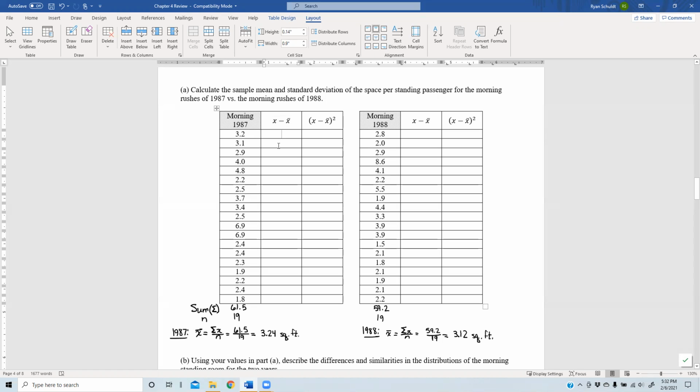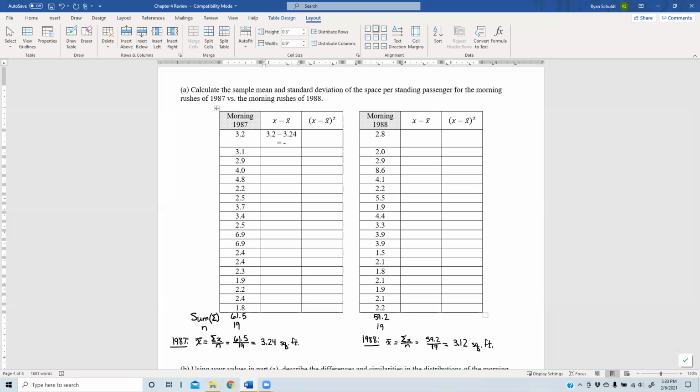For instance, for the morning of 1987, I'll do 3.2 minus 3.24, which equals negative 0.04.